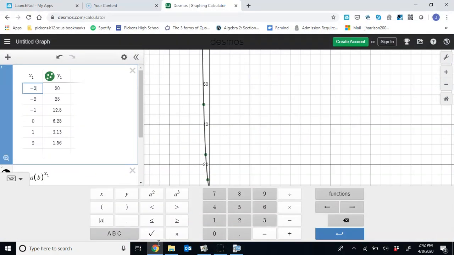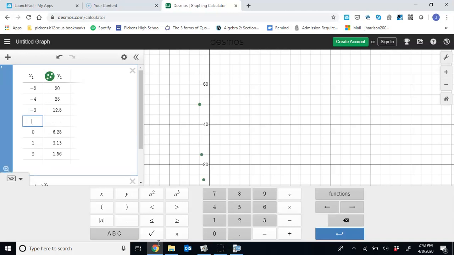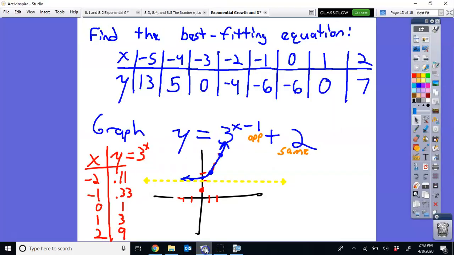I'm sure there's probably a real pretty way to do this, but for the sake of time, I'm going to just type right over the top of these. There we go. Oh, now it's not going to like me, of course. There we go: -5, -4, -3, -2, -1, 0, 1, and 2.